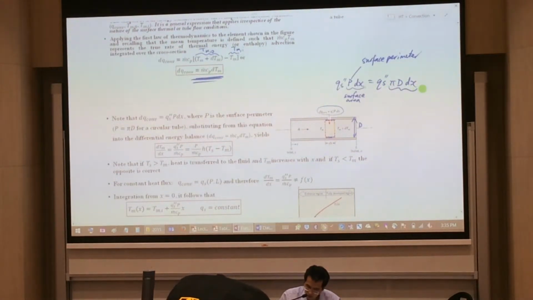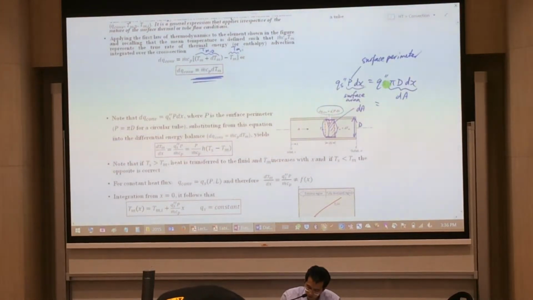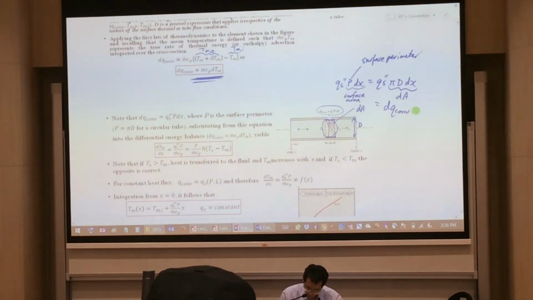So this part over here is sort of like your dA, where dA is that shaded part that I have over here. It's going all around it here. And that circumference, all around it, that is your dA. So if you take that Q double prime multiplied by dA, you get the Q convection. So heat is transferring in radially because that surface is hot.